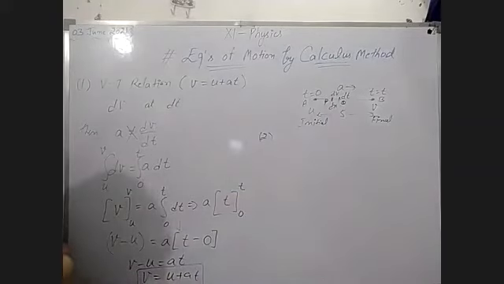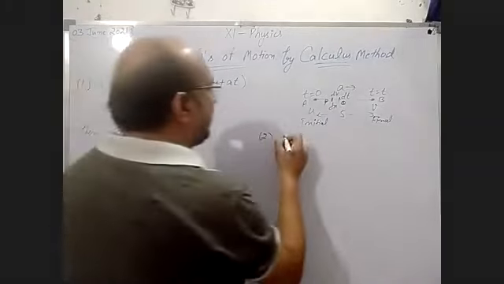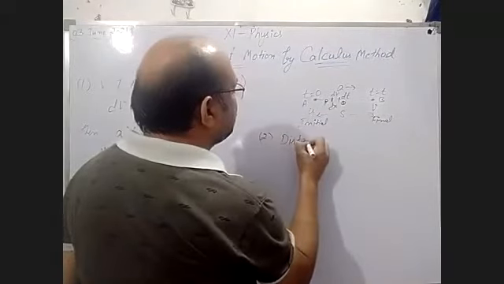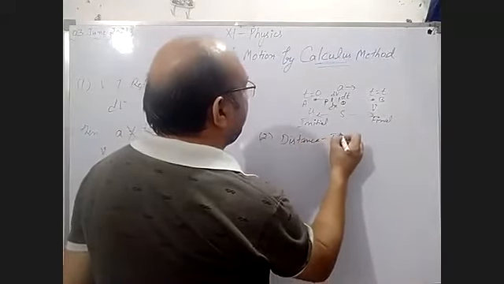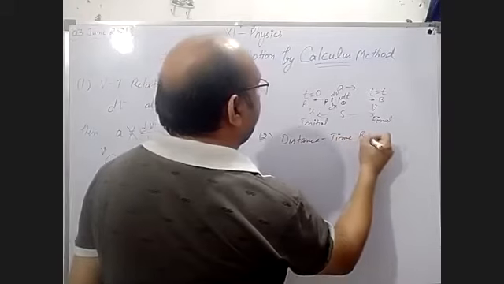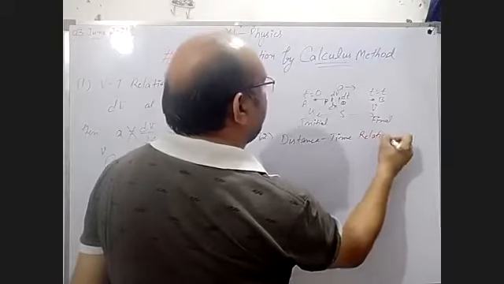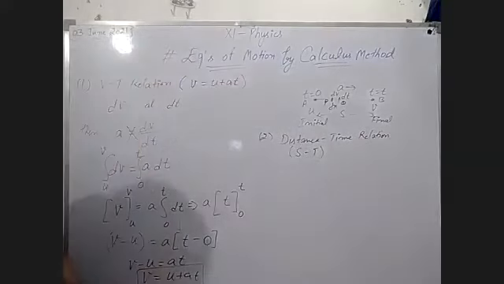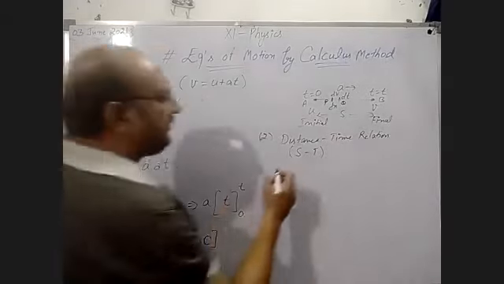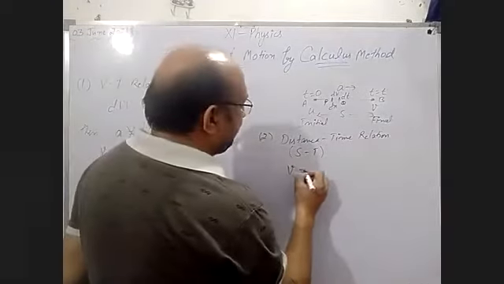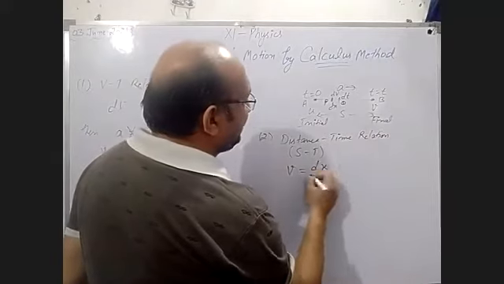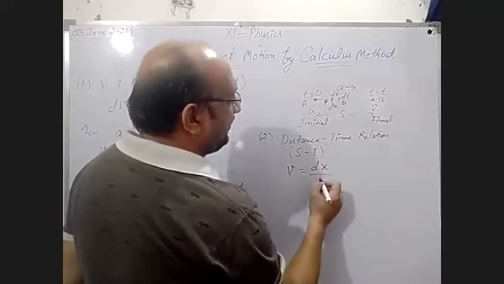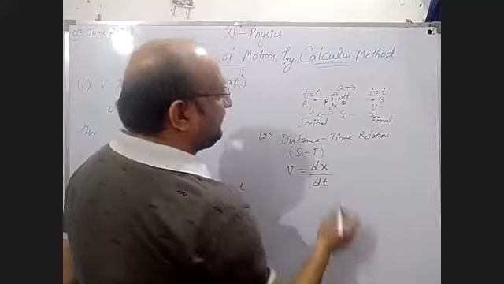Now the second equation you have to derive. This is the distance time relation, or you can say ST relation. In this, how can you take these things? We know that velocity is what? Velocity is change in position upon time interval.